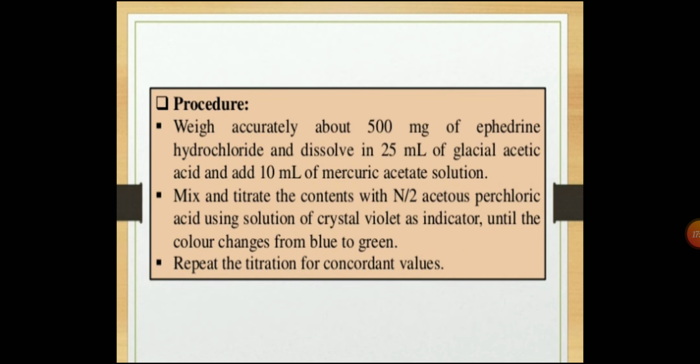The procedure is the same. Weigh accurately 500 mg of ephedrine hydrochloride and dissolve it in 25 ml glacial acetic acid with 10 ml mercuric acetate solution. Mix and titrate the contents with acetous perchloric acid using a solution of crystal violet as indicator until the color changes from blue to green. Here also, we get the change from blue to green at the time of end point.